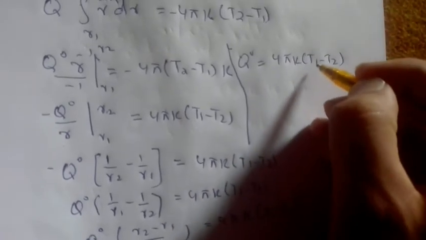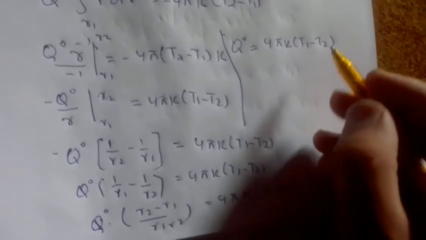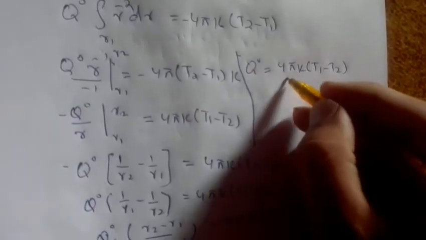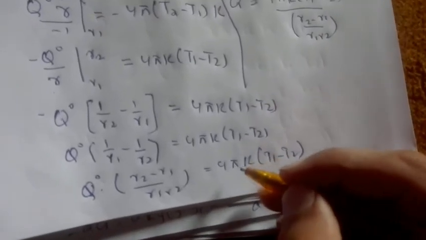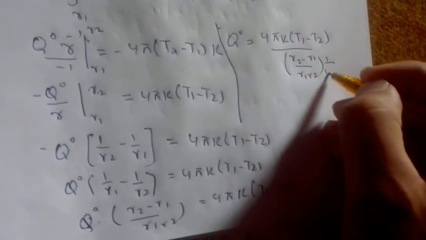T1 is the temperature inside at r equal to r1, and T2 is the temperature at the outer surface of the sphere.